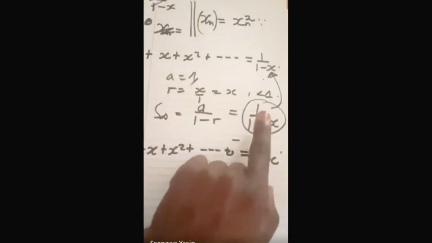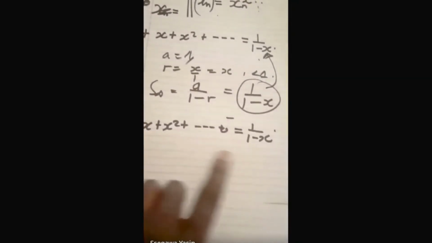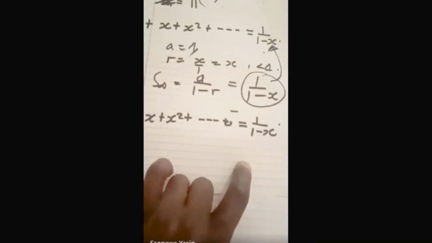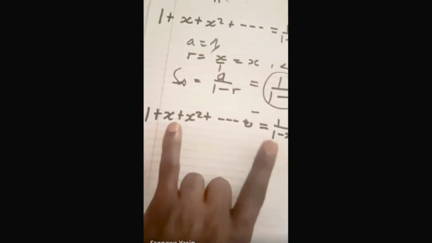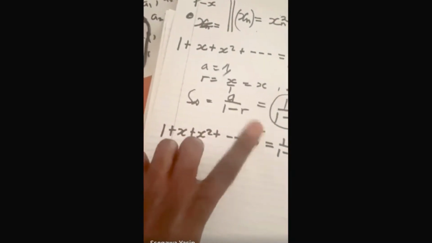And we substitute in the formula of the sum to infinity, and we get this. That's why those things are equal. So don't get confused as to why these two are equal. This is the sum to infinity, and this is the expanded way of summing up to infinity.